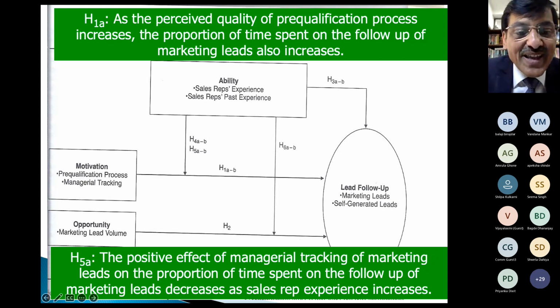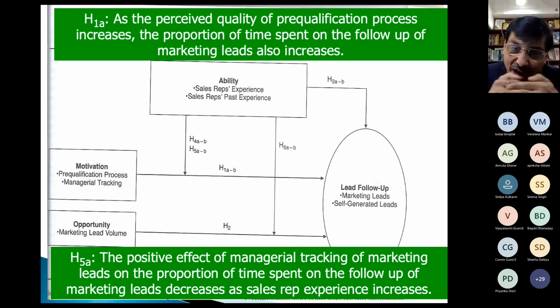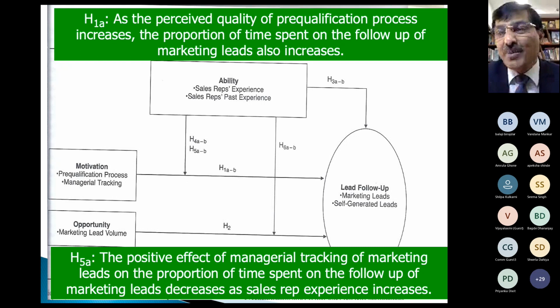The researchers are saying that there is a positive effect: if the managers track whether the leads which were provided have been used by the sales representative or not, then the sales representative is likely to do the follow-up on it. But that follow-up will change among the sales representatives.